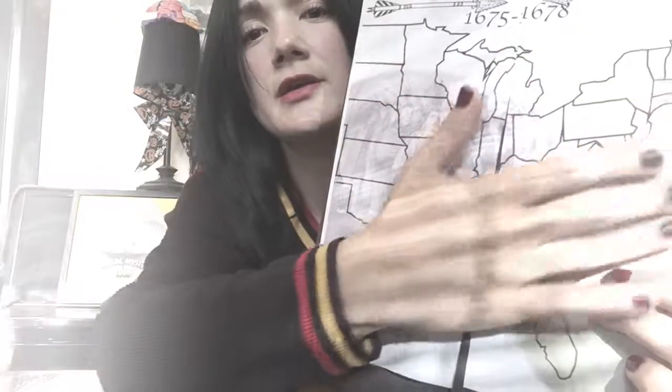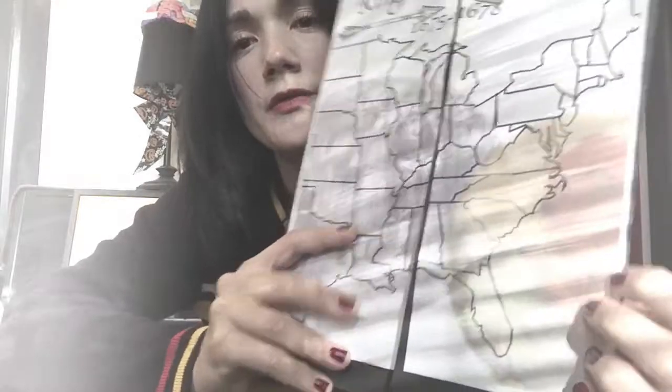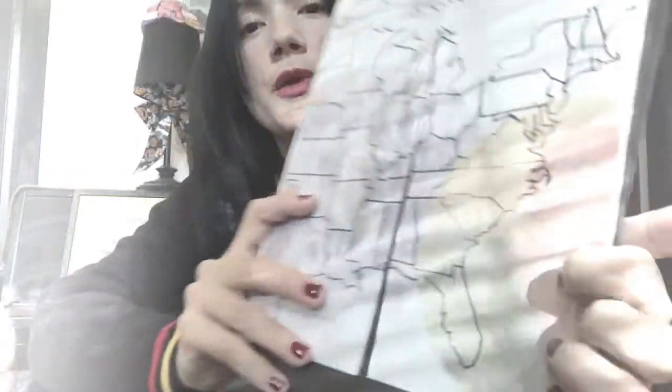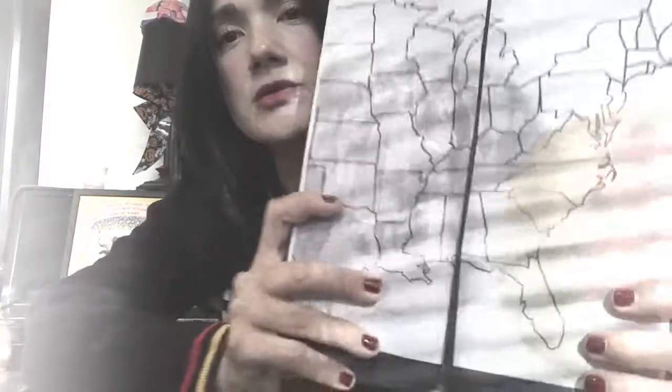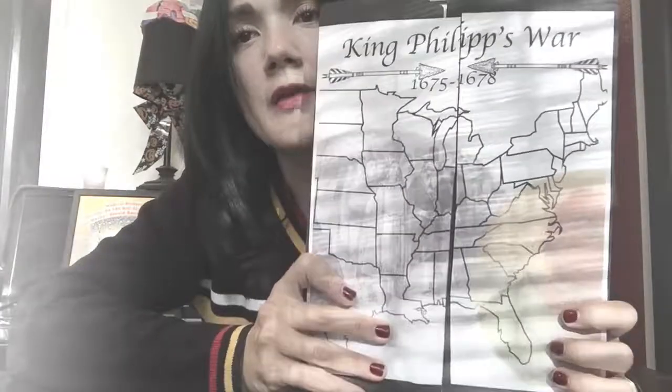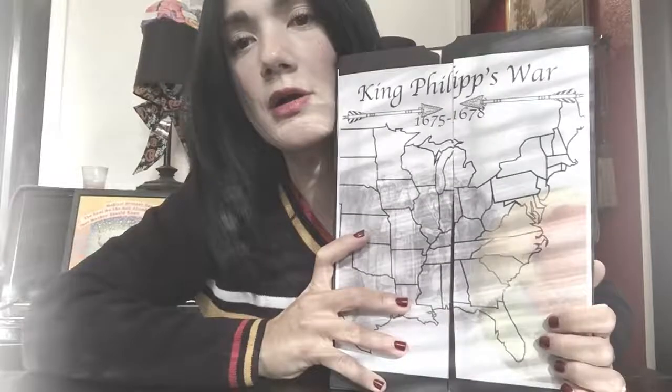And then we have the United States here, okay, a map. And then on this side here, we have King Philip, okay, the son of Massasoit, right there. And then we have some Indian things, just to make sure your kids remember all of this information.